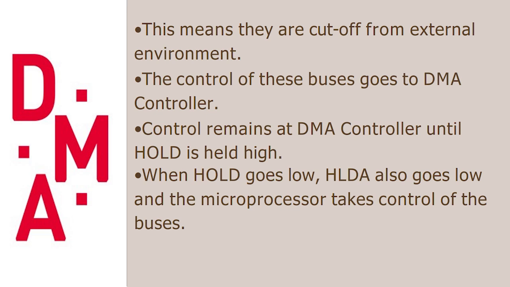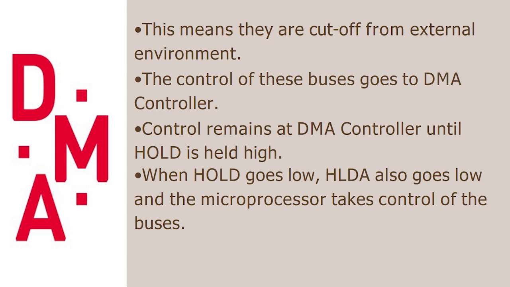Once the data transfer has been completed, the HOLD signal goes low. When the HOLD signal goes low, the response HLDA also goes low, and the microprocessor takes control of the buses and reconnects with the memory and input-output devices. The DMA departs from the data transfer once it has been completed.